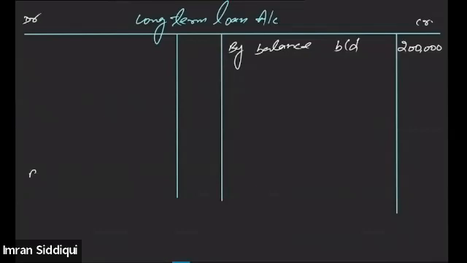And the closing balance, on the other hand, goes on the debit side of the long-term loan account, to balance sheet. It is 2,50,000 as given in the question.